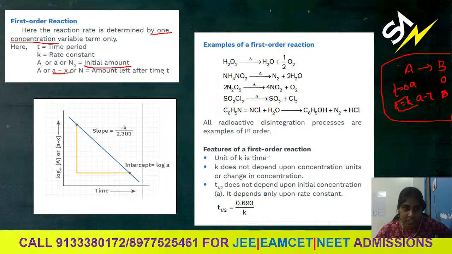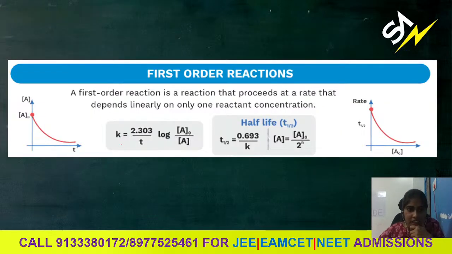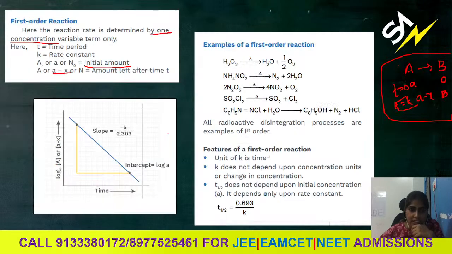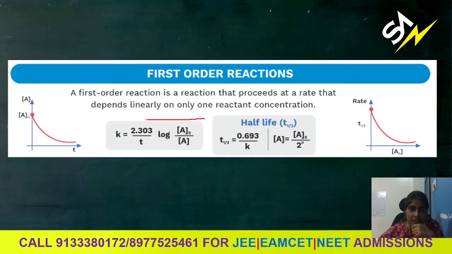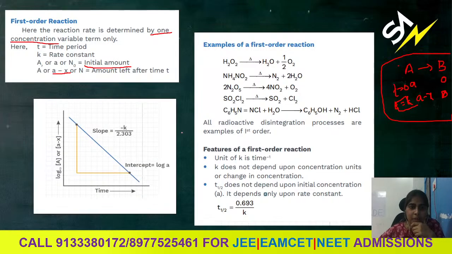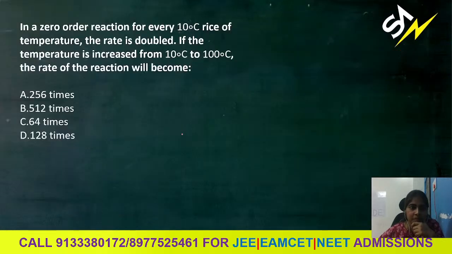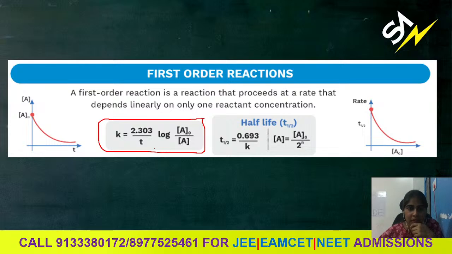Here are the terms explaining this. This gives the rate equation K is equal to 2.303 by t log of the initial concentration to the final concentration. You will get this through taking the integral equations. Just remember this formula. The rate equation of a first order reaction is 2.303 by t log of initial concentration by final concentration.